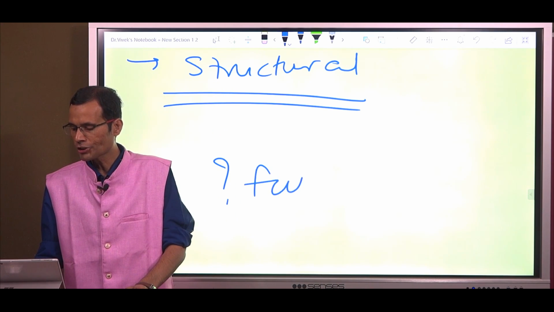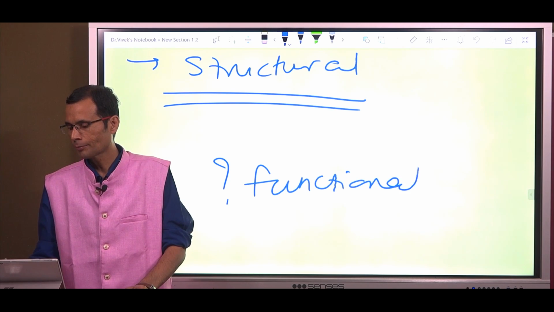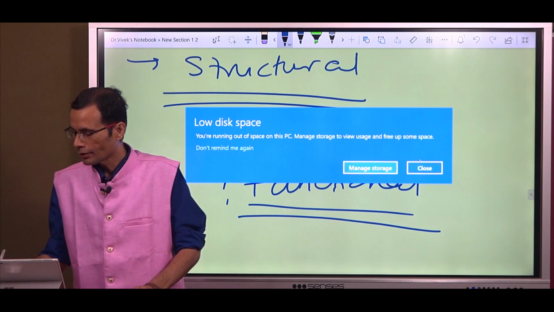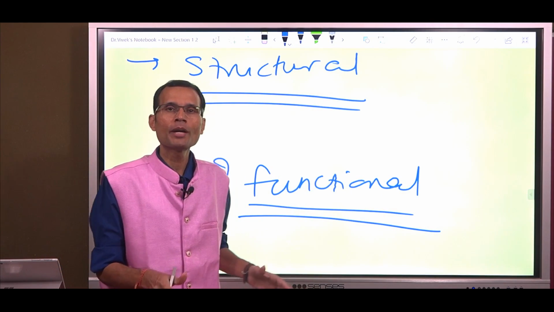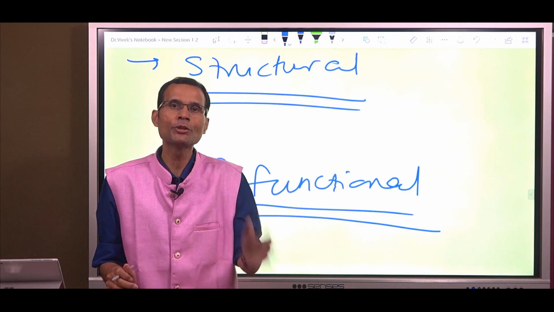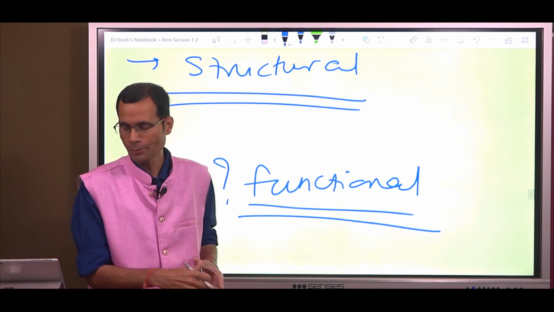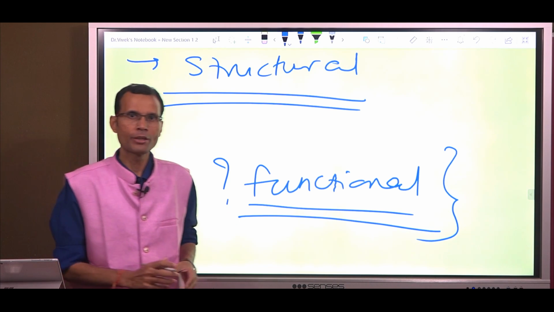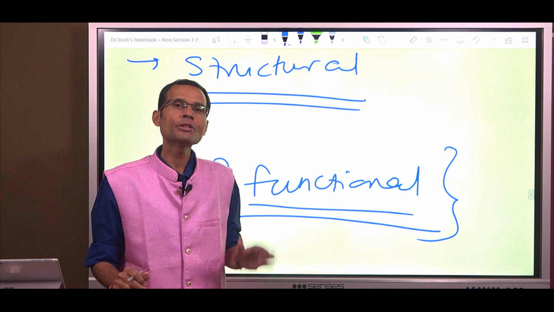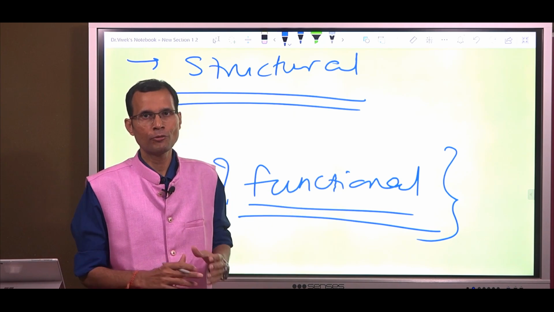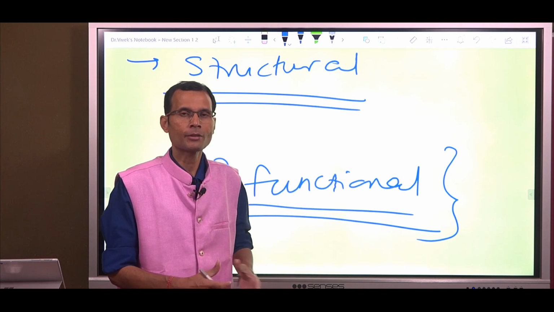What about the functional unit of the muscle? Well, the teachers will tell you the sarcomere is the structural and functional unit of a skeletal muscle, the smallest unit where changes are happening. I beg to differ. The motor unit should be called the functional unit for a skeletal muscle.